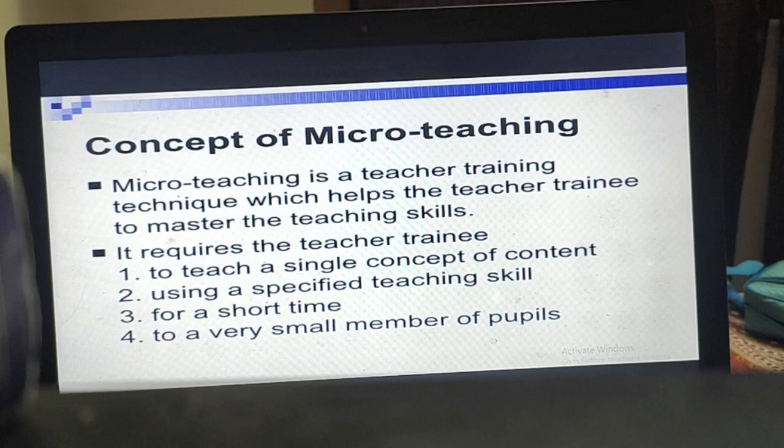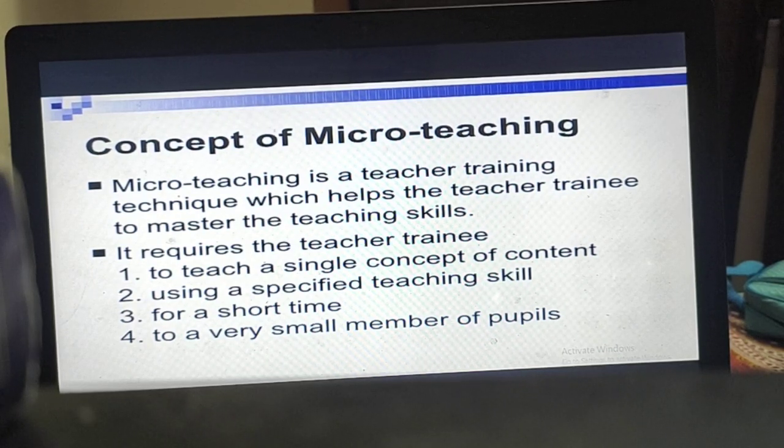Micro teaching is a teacher training technique which helps the teacher trainee to master teaching skills. That means when a teacher practices the skills, they learn different types of skills in a minimum of time in the presence of a minimum number of students.